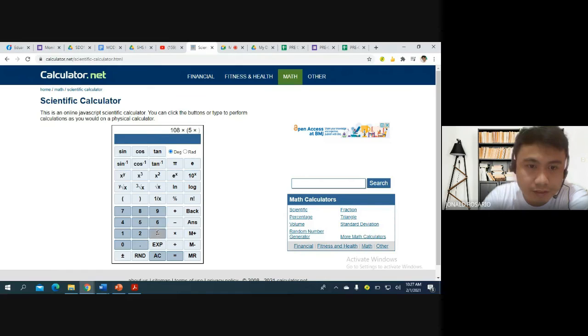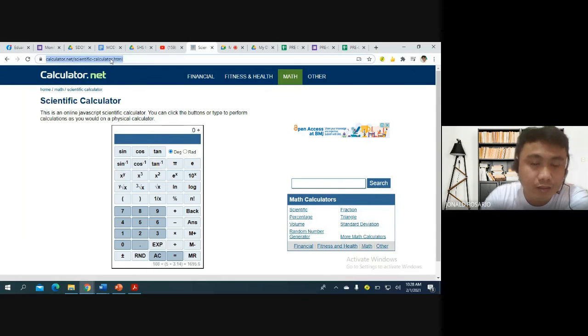Times 3.14. And then, pwedeng ganyan muna. Equals natin. And then, i-divide natin sa... Ay, sorry. Bakit naman tong calculator nila? Gamit tayo ng iba.